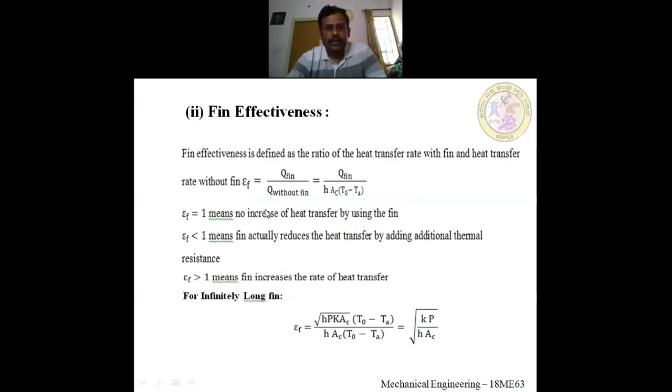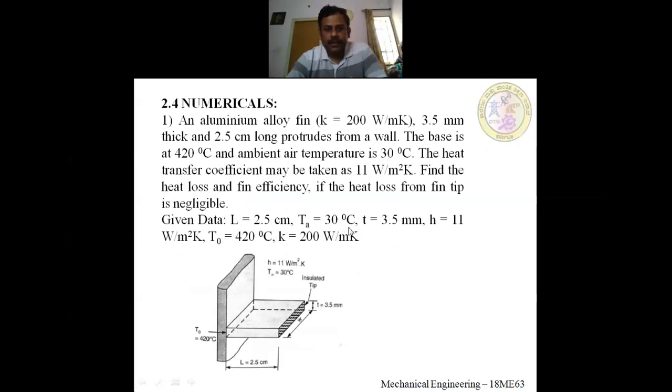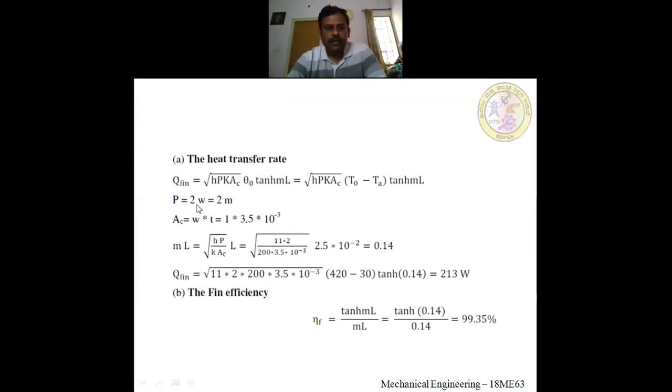Whether they have given width, they have not given. Length they have given 2.5 centimeter, thickness they have given, width they have not given. If they have not given, you can assume width to be 1 meter. So 2 times width will be 2 into 1, 2 meters.